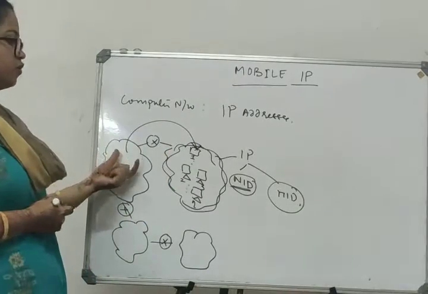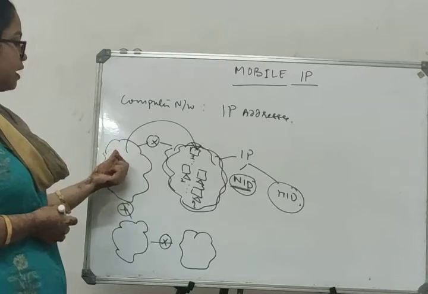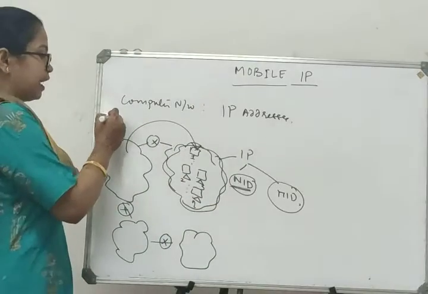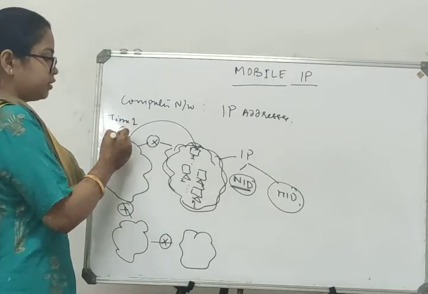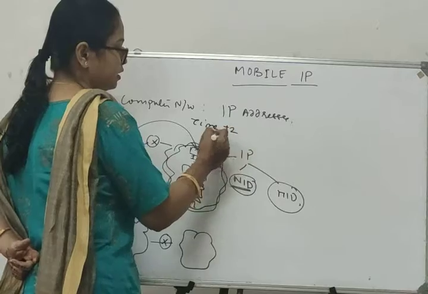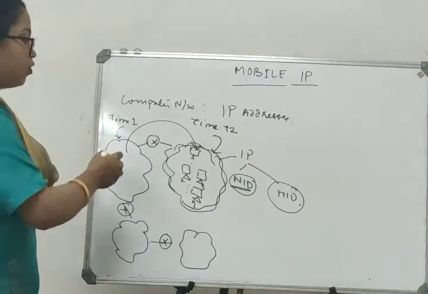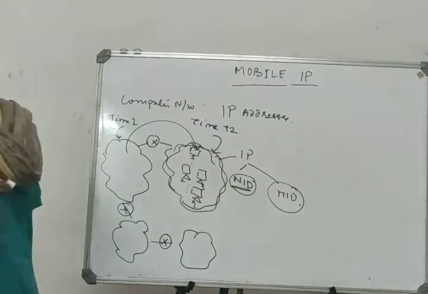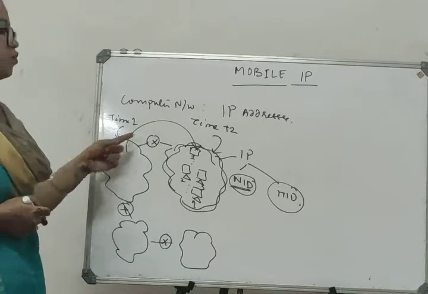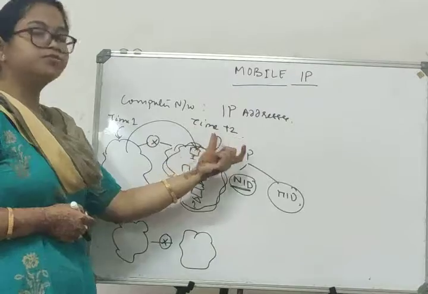That means in mobile computing, suppose a laptop is connected to this network at time t1, and at time t2 it is connected to another network. The IP address changes, so the link will terminate because the address is going wrong, because the laptop is moving.